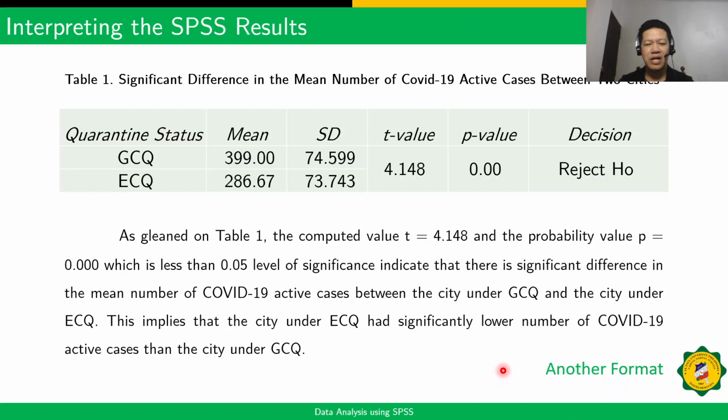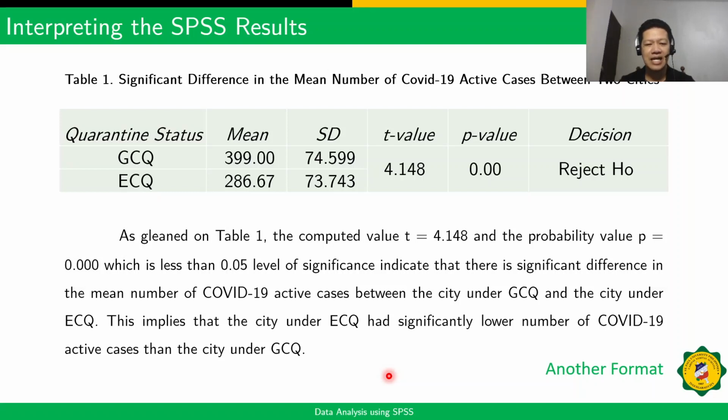Another format on how to interpret the results or the table is: as gleaned on Table 1, the computed value t is equal to 4.148, and the probability value p is equal to 0.000, which is less than 0.05 level of significance, indicating that there is significant difference in the mean number of COVID-19 active cases between the city under GCQ and the city under ECQ.